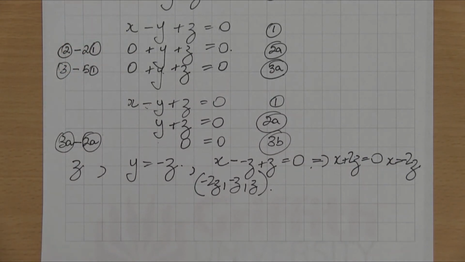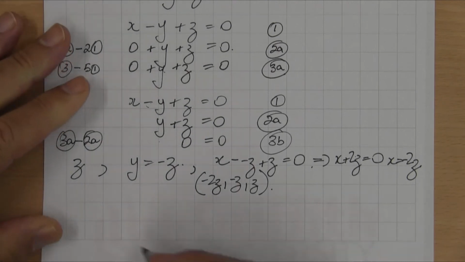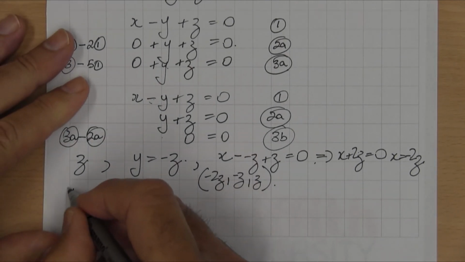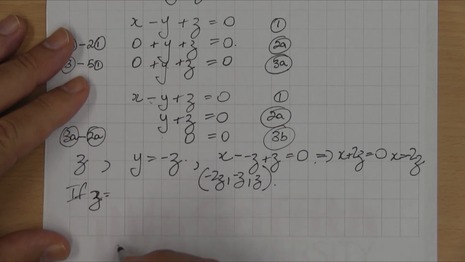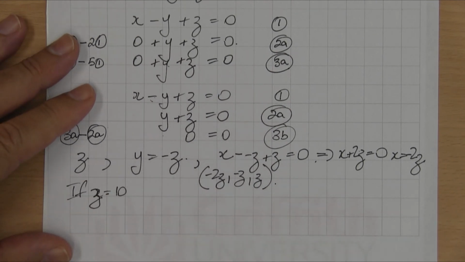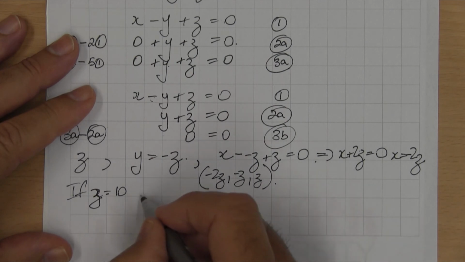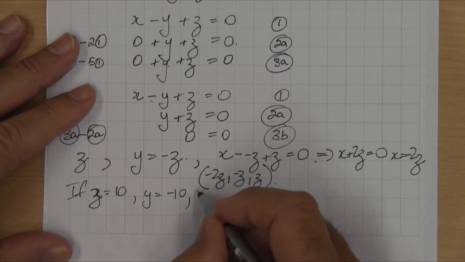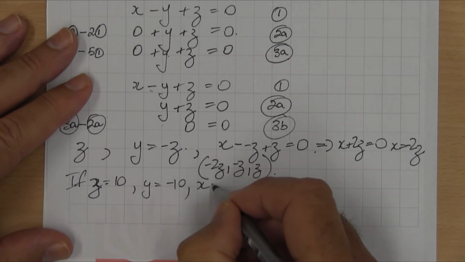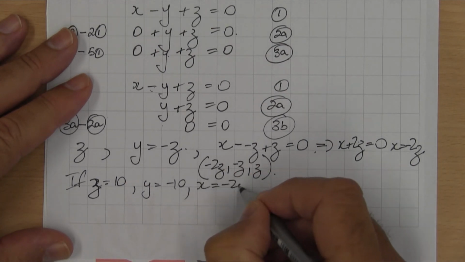So what that means is that if z is equal to 10, then y would be equal to negative 10, and x would be equal to negative 20.